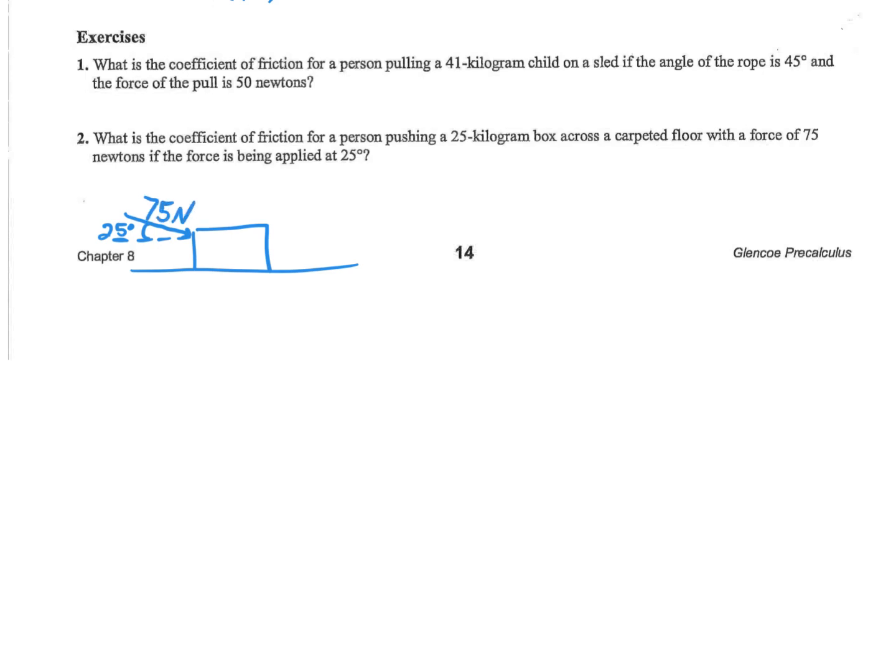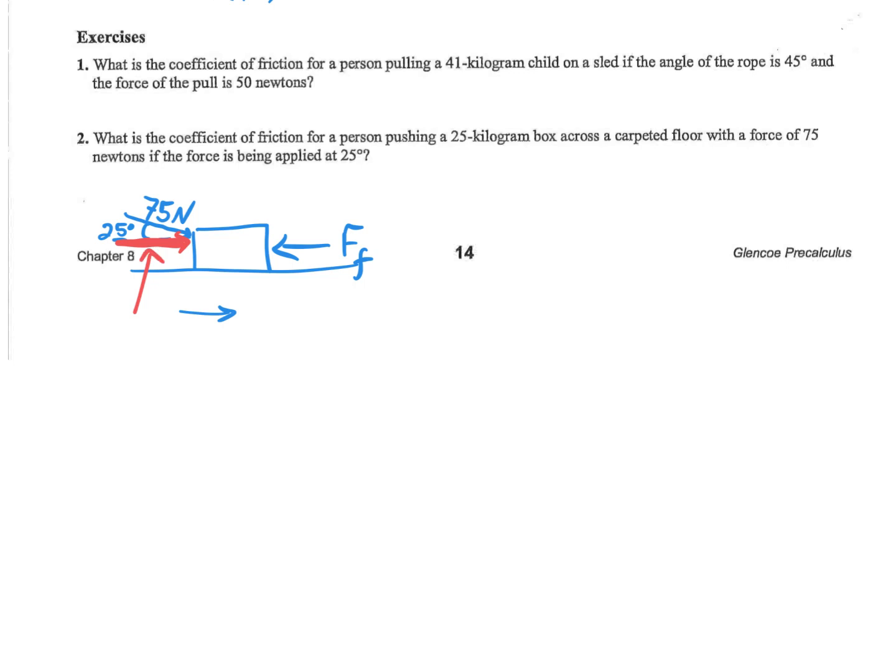What's my magnitude of this force? 75 newtons. Okay. Now, if I'm pushing the box this way, which way is friction pushing back? The other way, isn't it? This time friction is going that way against my push. But they're still equal and opposite, aren't they? So what is my component right here going to be?